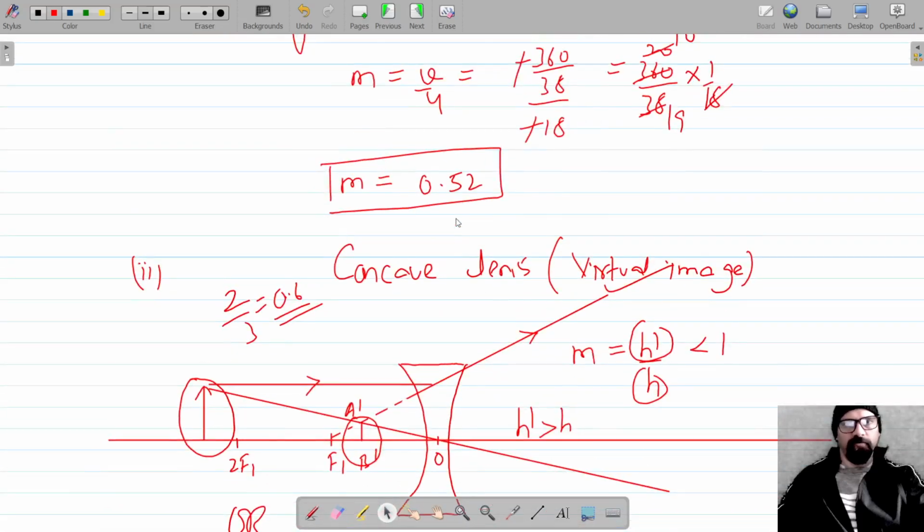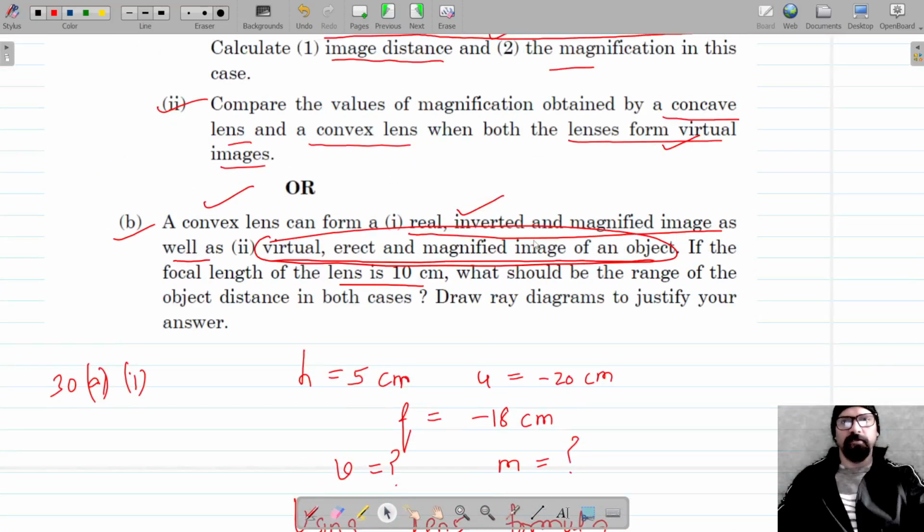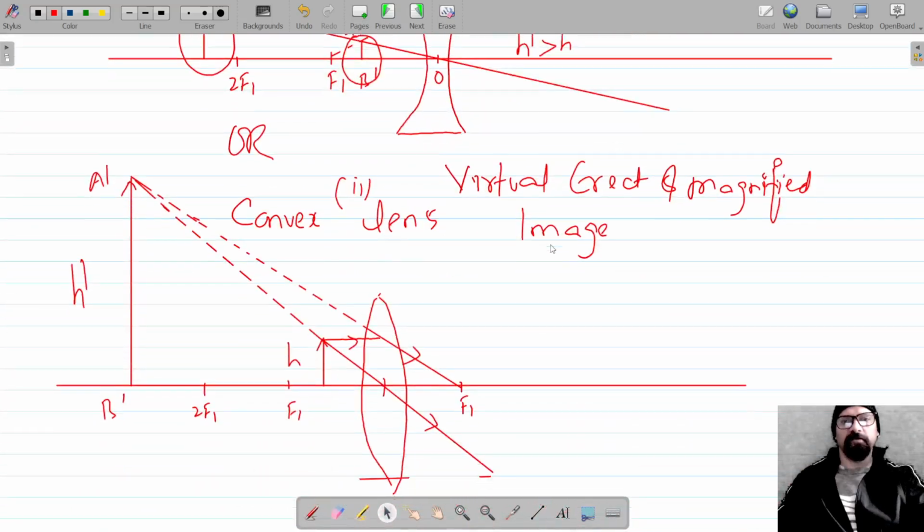So now we have to form a real, inverted and magnified image.